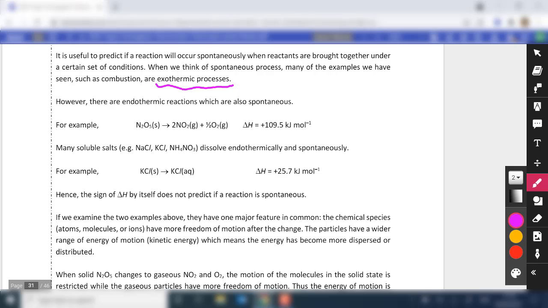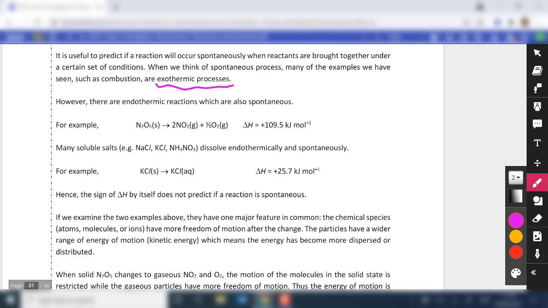For example, sometimes when you dissolve a salt, especially nitrates, into water, you realize that the solution turns cold. Does it mean that endothermic reactions don't take place? Actually, that's not true. Endothermic reactions do take place as well, so they are spontaneous.